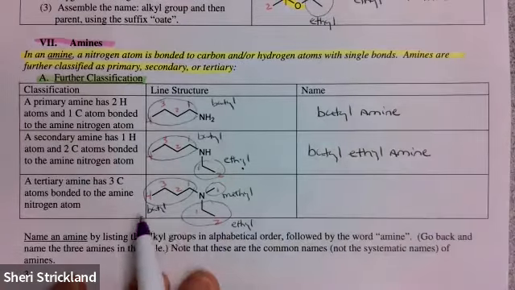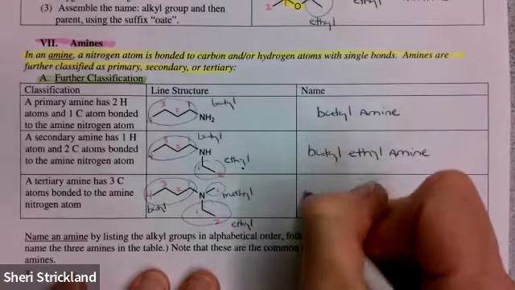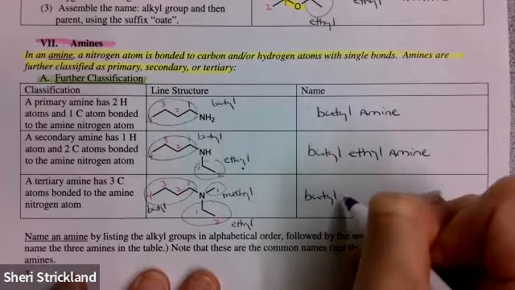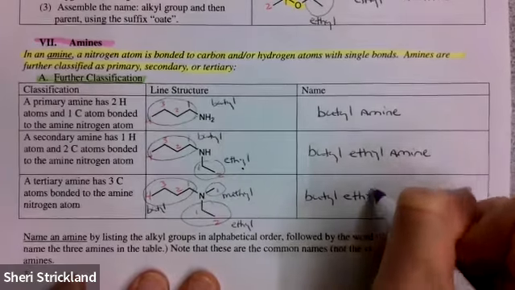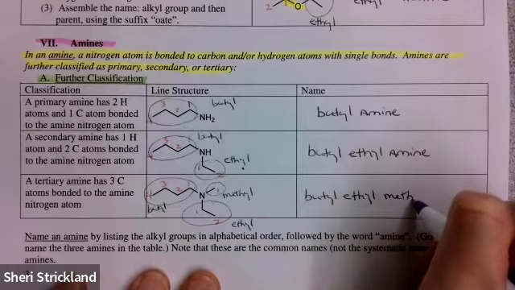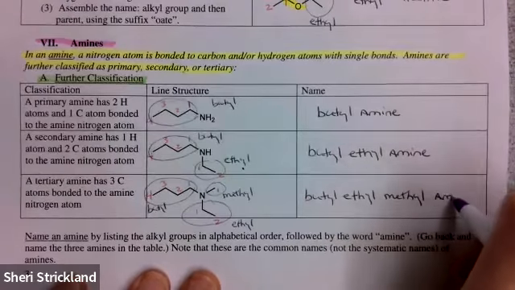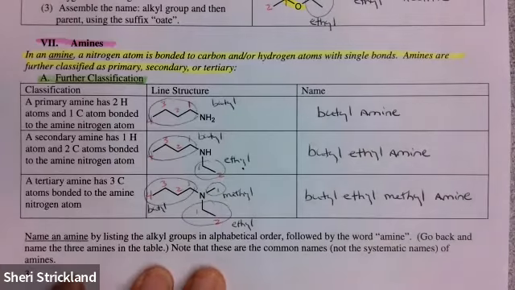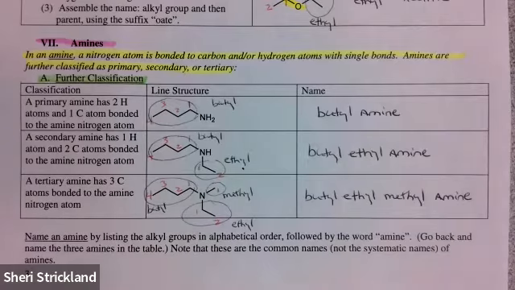And then here, a B and an M and an E, so this is butyl ethyl methyl amine. All right, so please answer the question at the end of this video, and I will see you in class.